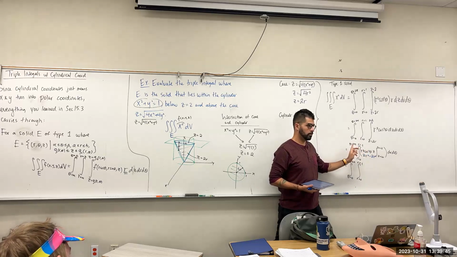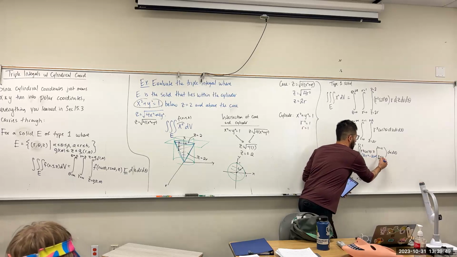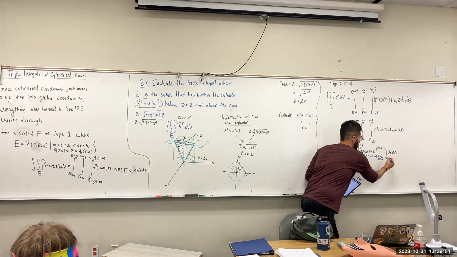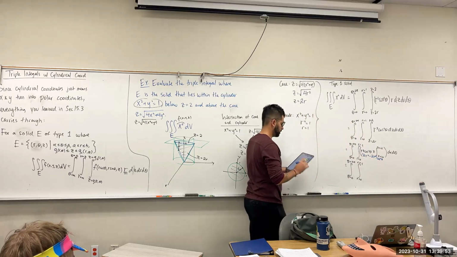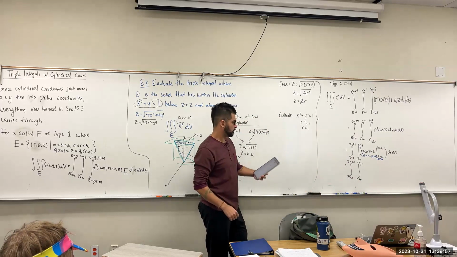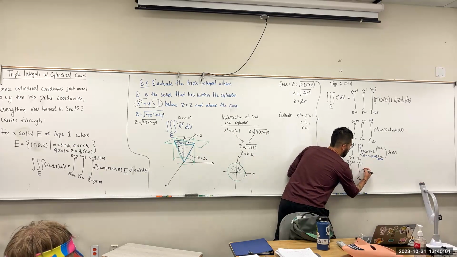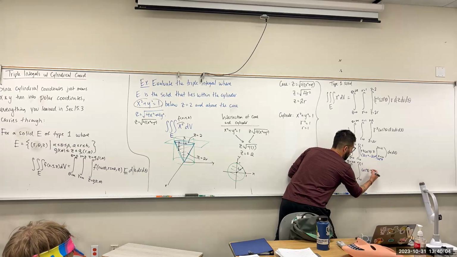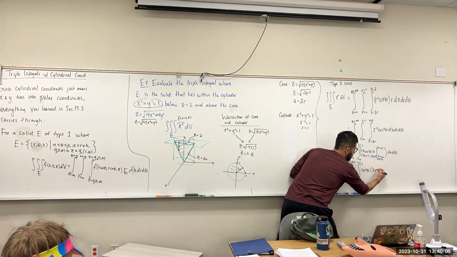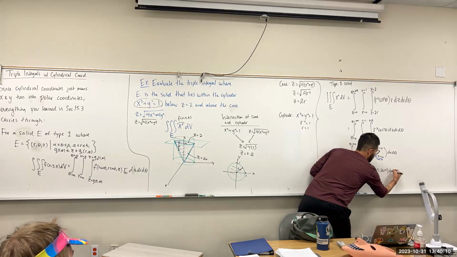This is times cosine squared theta. So if you keep going, this is going to look like this. It's going to go cosine squared theta times 2R cubed minus 2R to the 4th dr d theta.